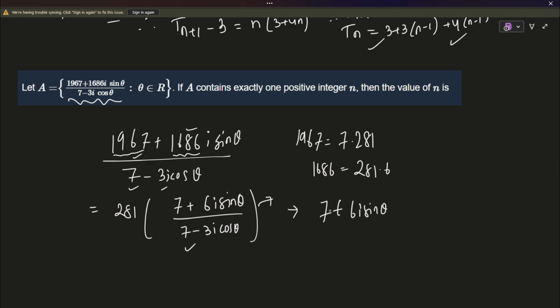I somehow need this as a multiple of this term, right? So can I get any value for which this whole thing becomes equal to each other?